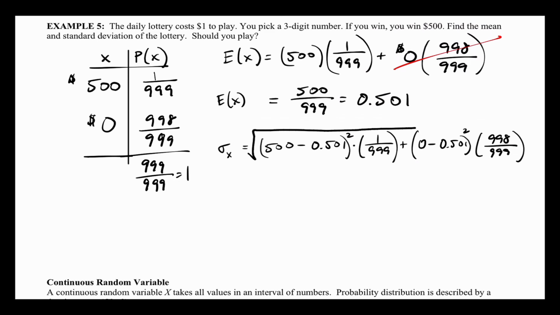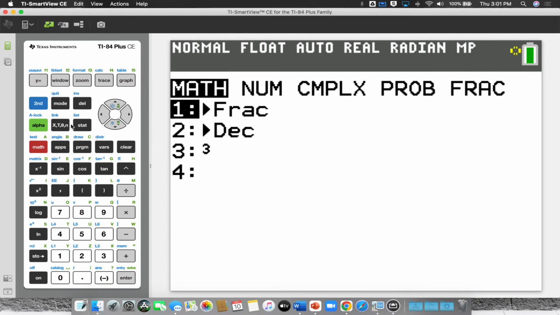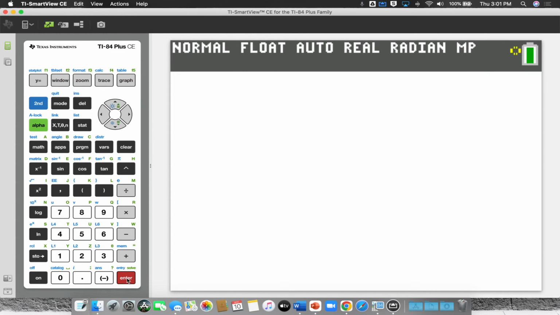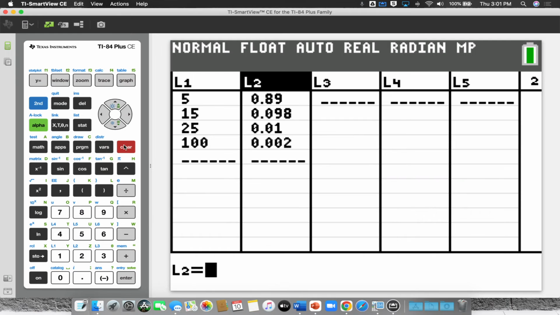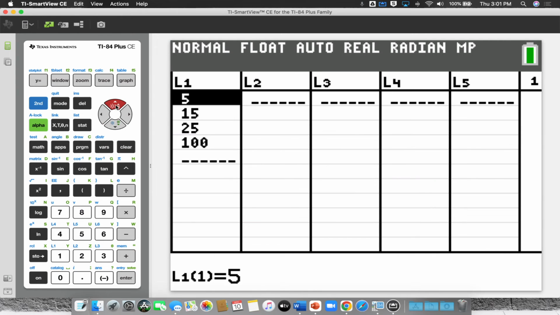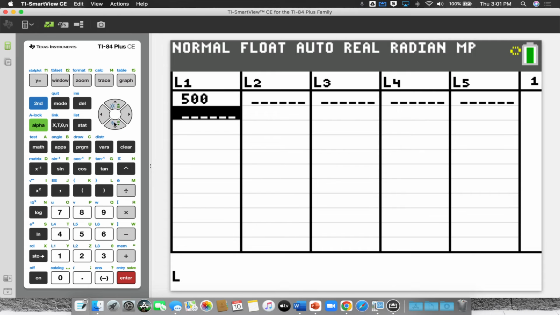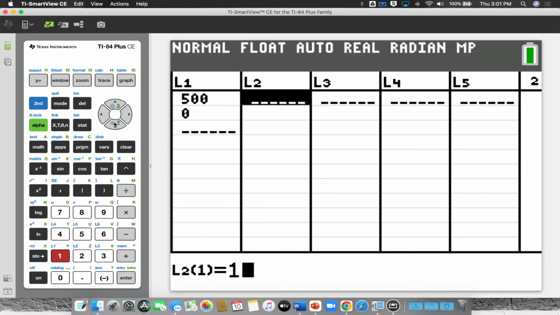This one might be a little bit easier to do with the table on your calculator, right? This is the work I need to see for both. Once you do this, then you can go to the calculator. Make a new table. I'm going to erase my old one. 500, 0, 1 divided by 999, 998 divided by 999.